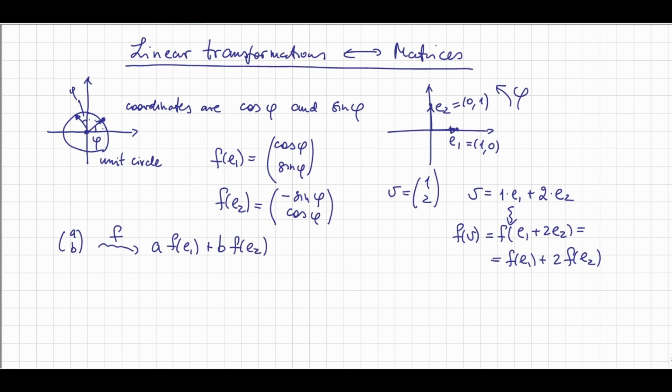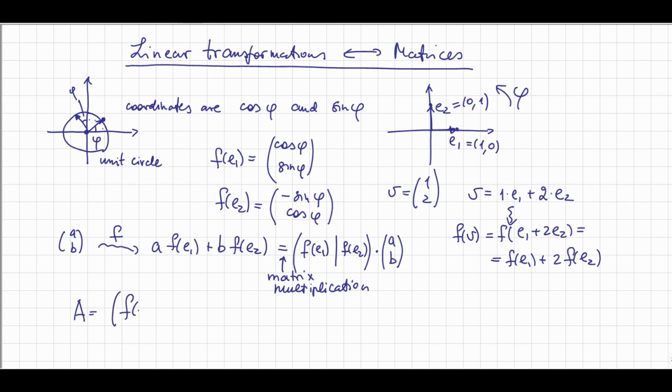Now, if we recall the definition of the matrix multiplication, we will see that this is precisely the same as taking the matrix with the first column f of E1 and the second column f of E2. This is a 2 by 2 matrix, and multiplying it by the column (a, b). This equality is due to our definition of the matrix multiplication. So if we now simply take the matrix A, with columns f of E1, f of E2, then the rotation will be described for any vector.